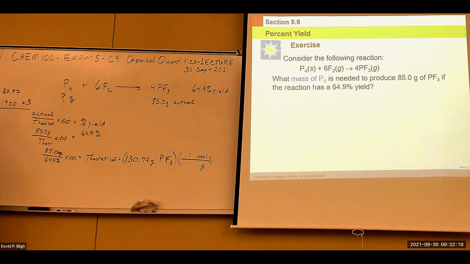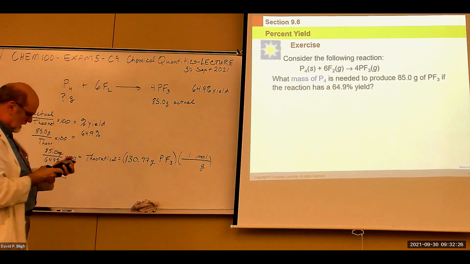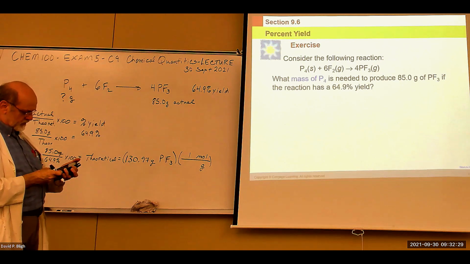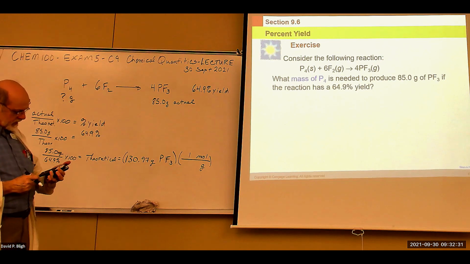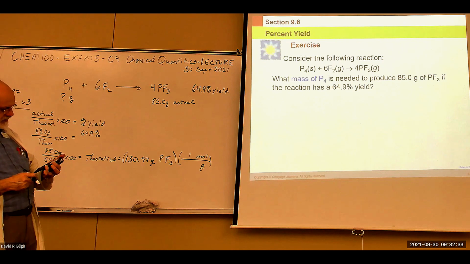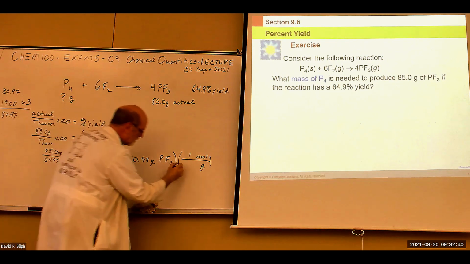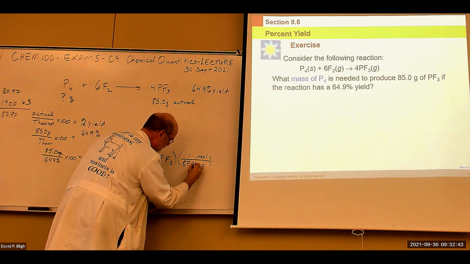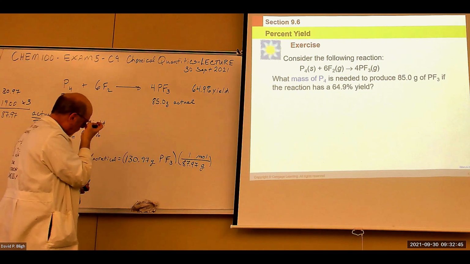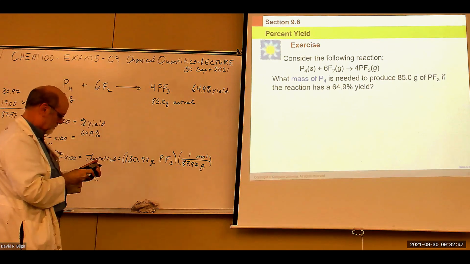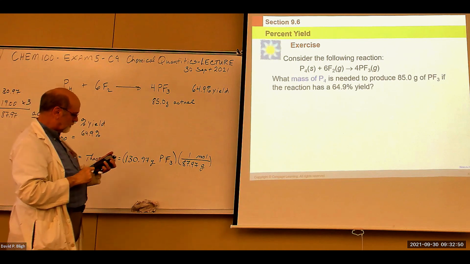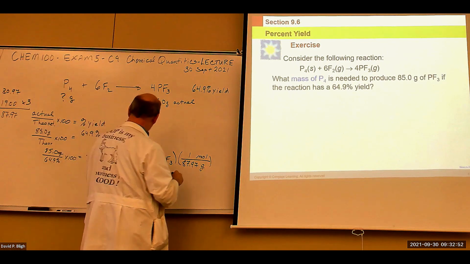Add those together: 30.97 and 19 times 3. We get 87.97. 87.97 divided into this value is 1.489.